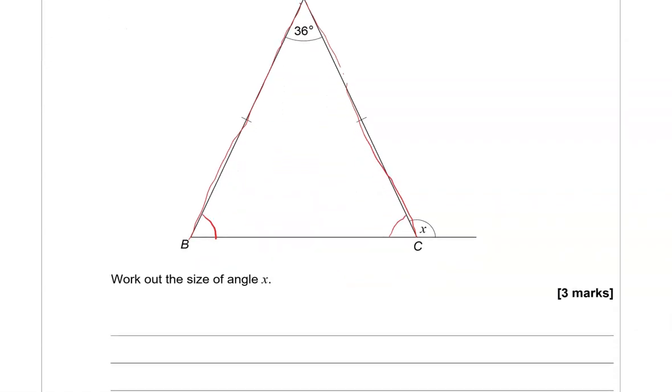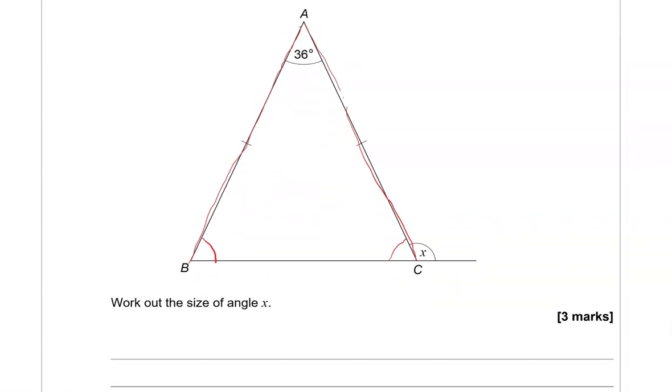We know that the angles in a triangle will add up to 180. So if I take away 36 from 180, that should be the total of these two angles.